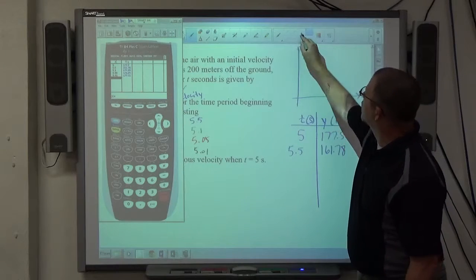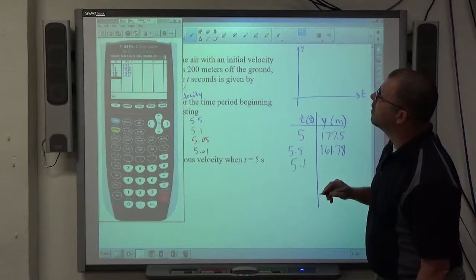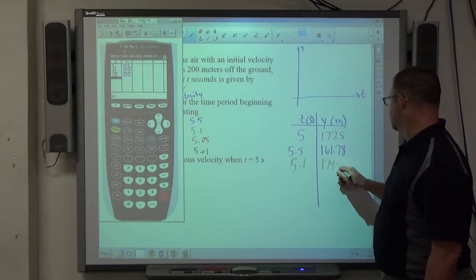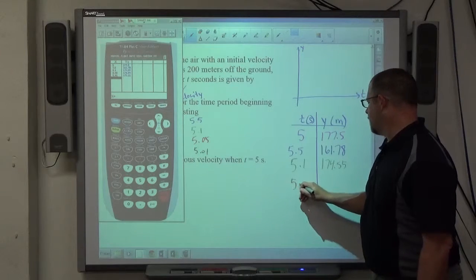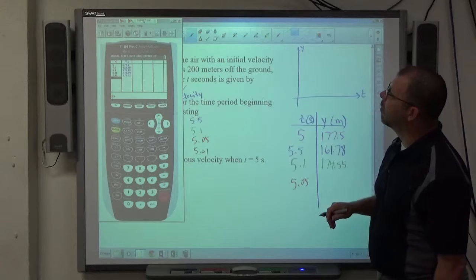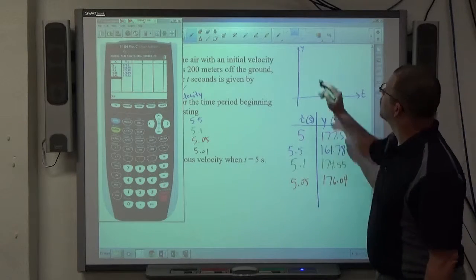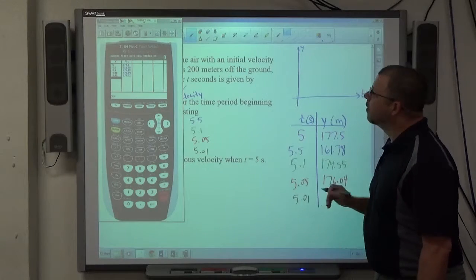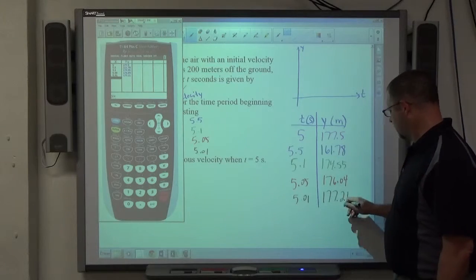When time is 5.1 seconds, its height is 174.55 meters. When time is 5.05 seconds, its height is 176.04 meters. And when time is 5.01 seconds, its height is 177.21 meters.